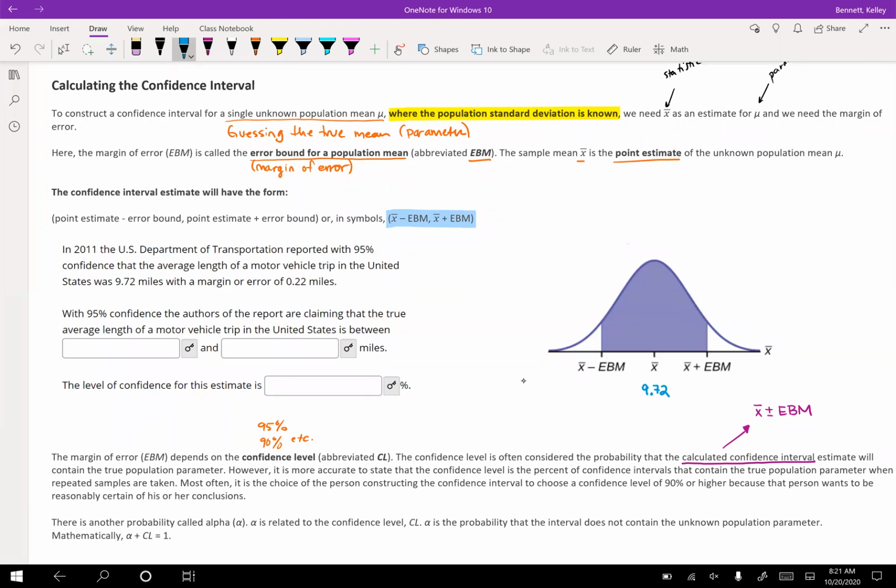So this value here is going to be 9.72 plus 0.22, which gives us 9.94. And then we also have to go to the left as well. So that's going to be 9.72 minus 0.22, which gives us 9.50.